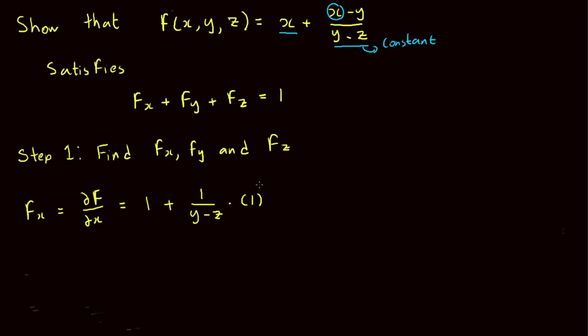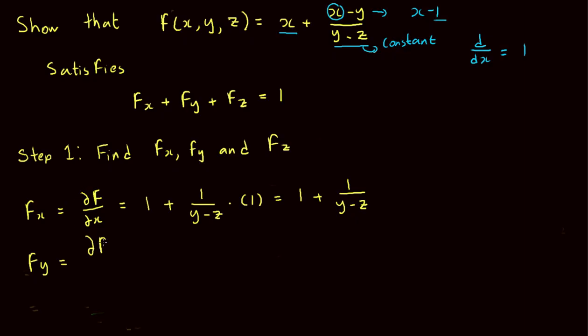When we differentiate x minus y, it's the same as differentiating x minus 1, and you end up getting 1, because the constant you can forget about. That's why I just multiply by 1. If I simplify it, it becomes 1 plus 1 over y minus z. Pretty straightforward.